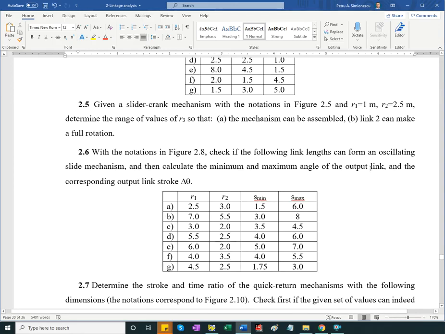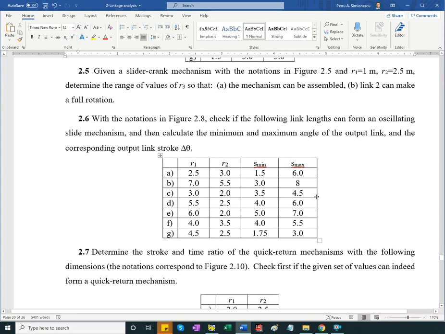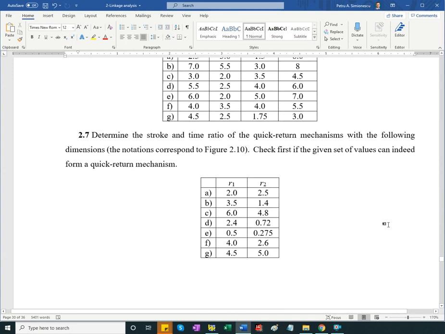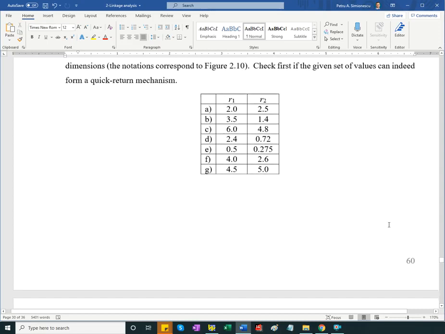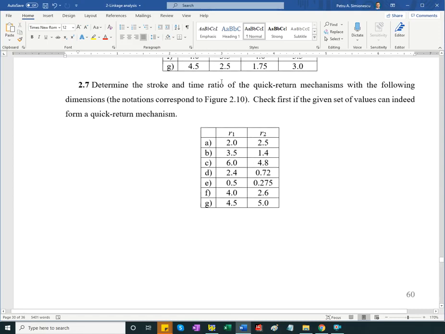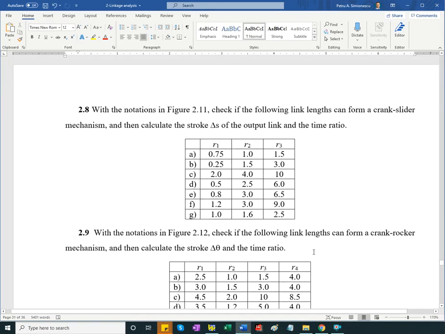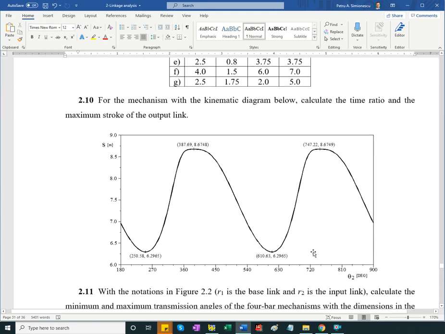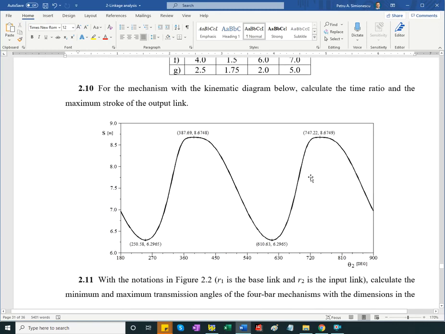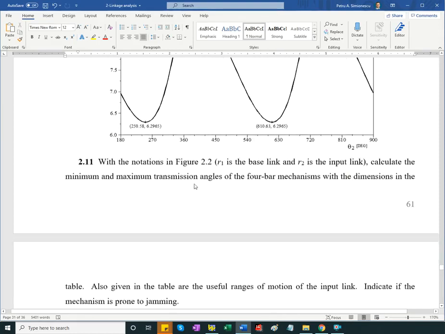For the oscillating slide case, for a mechanism to assemble, remember the triangle inequality. And then time ratios: a strict or direct application of the formula. Look at the example in the text where I'm asking you to find the limit positions and time ratio given this kind of input-output graph.